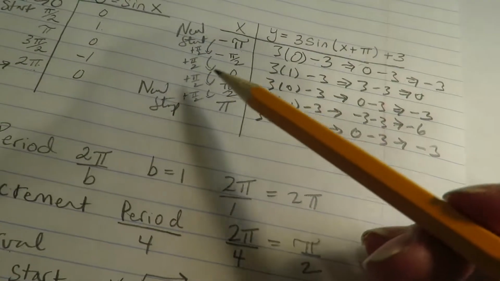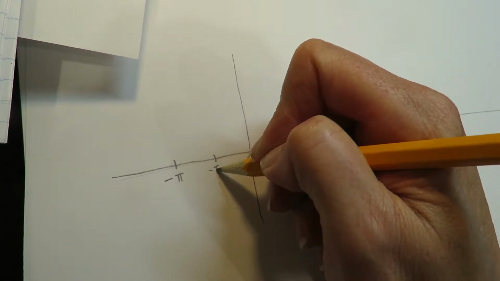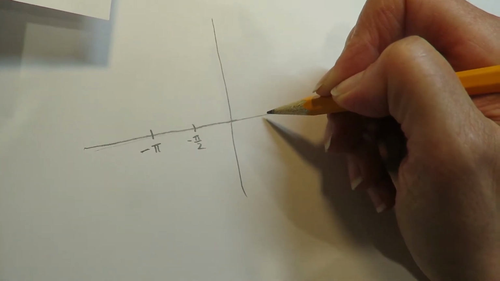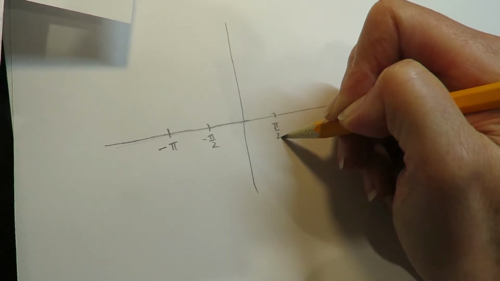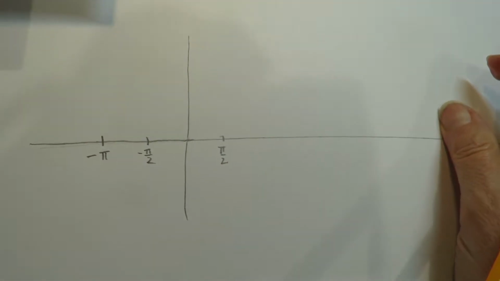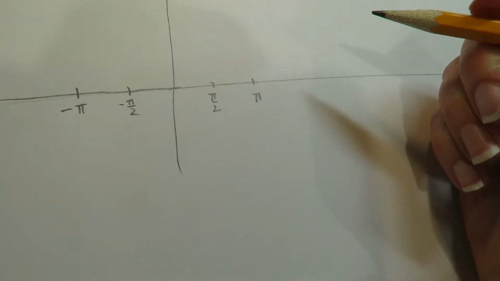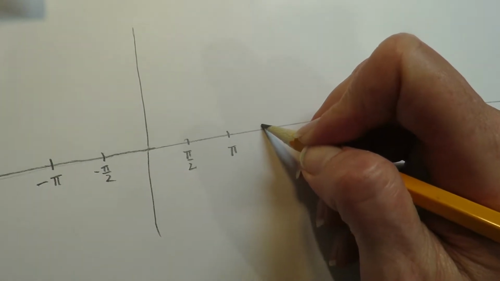So then negative pi over 2 would be halfway. All right, so now I know what pi over 2 looks like. And let me say then pi is here. Now we already know we're going to draw 2 cycles, and I'm choosing to go to the right. So I'm just going to keep drawing some more increments.